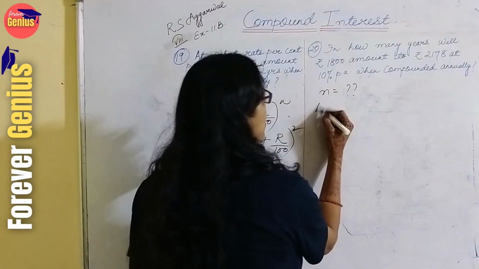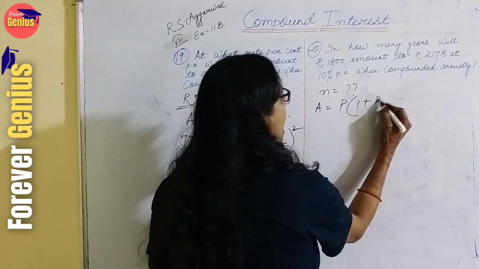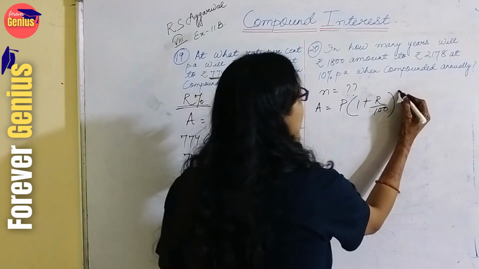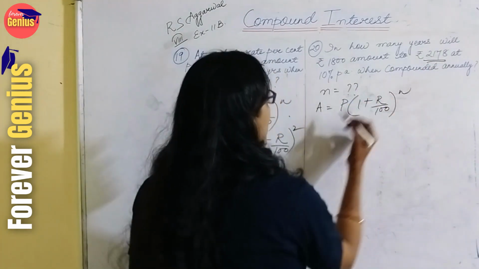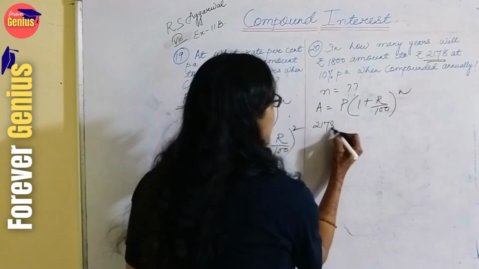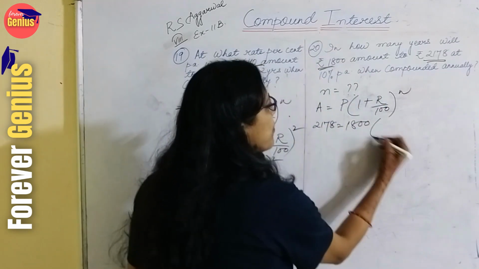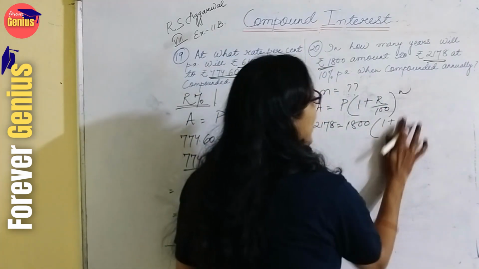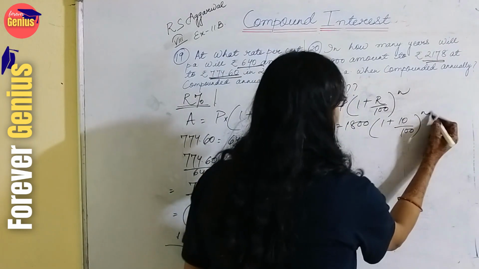So how will we do it? A equals P into (1 plus R by 100) to the power n. Just place the values. Amount is 2178 and principal is 1800. 1 plus rate, which is given as 10%, to the power n.